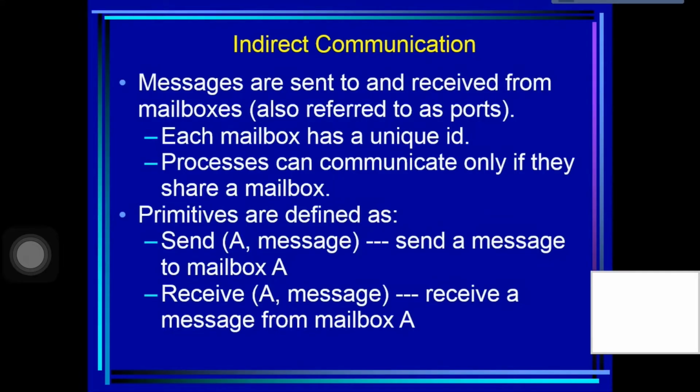For example, POSIX message queues use an integer value to identify a mailbox. The send and receive primitives are defined as follows. send(A, message): send a message to mailbox A. receive(A, message): receive a message from mailbox A.